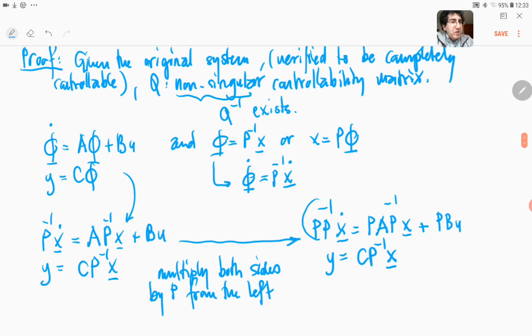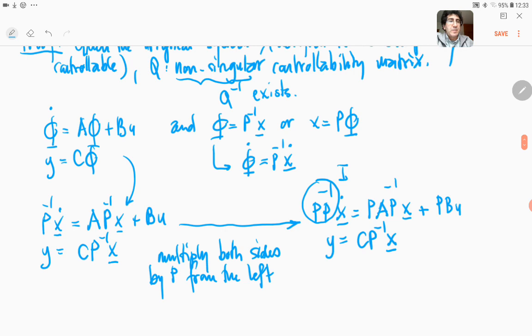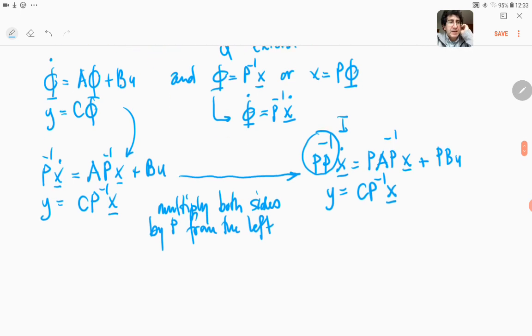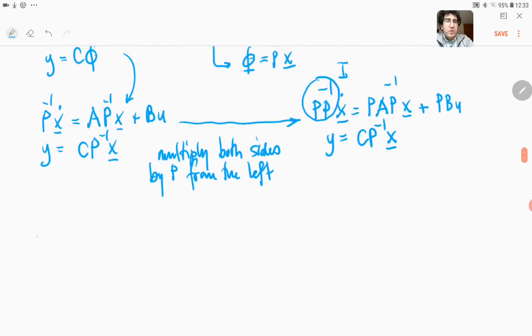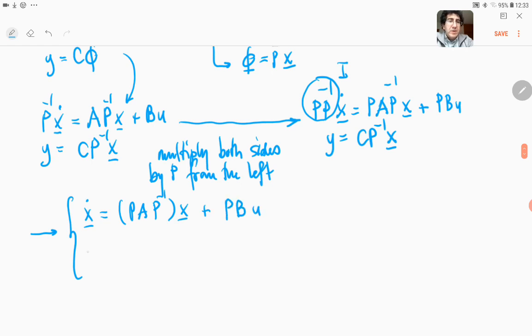Now a matrix multiplied by its inverse gives us the identity matrix, and therefore we get a new system which has the state variable x as given in this expression, plus PBu, and y is equal to C P minus 1 x.